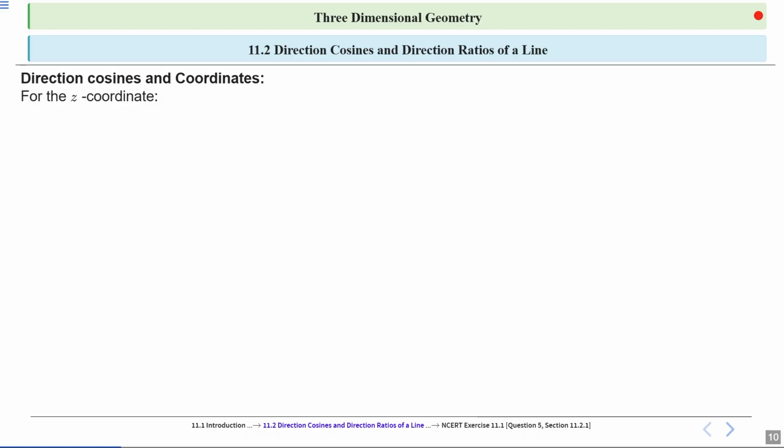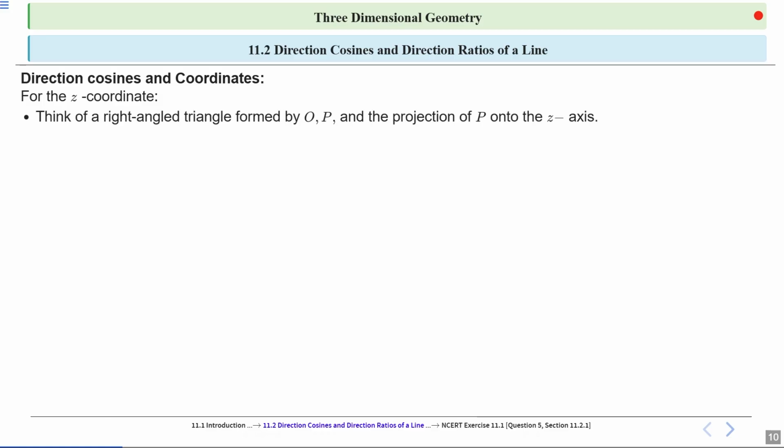Now for the z coordinate, imagine a right angled triangle formed by 3 points: O, which is the origin, P, which is our point in space, and the projection of P onto the z-axis. Now look at this diagram.